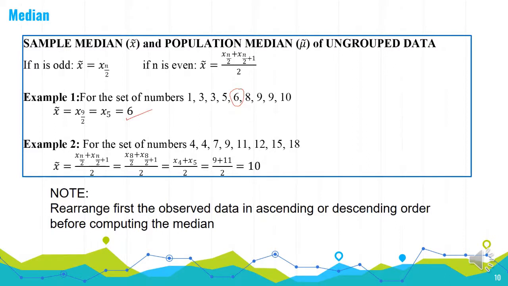Okay? So, kapag naman meron kang even numbered na data, 2, 4, 6, 8, ang gagawin mo, kukunin mo yung dalawang nasa pinakahati, tapos i-divide mo yon sa 2. Yun ang iyong magiging median.